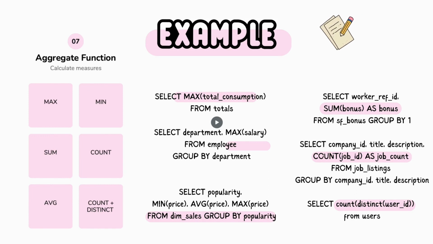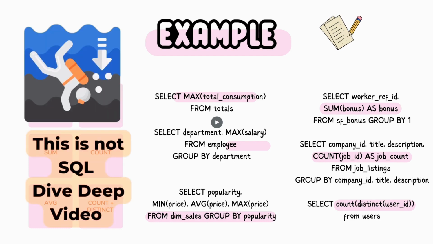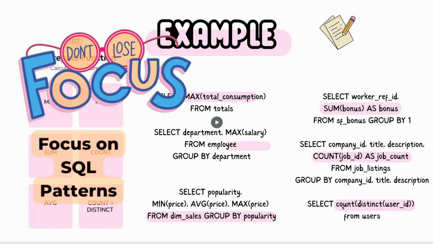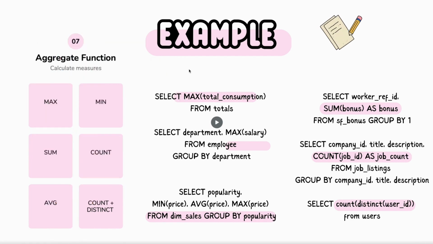Most of the common aggregate functions I saw in these SQL questions were max, min, sum, count, average, and in some cases count along with distinct also. If you see the last query here, select count of distinct user ID from users. Many people remember max, min, sum, count, average, but they forget count and distinct can be used together.